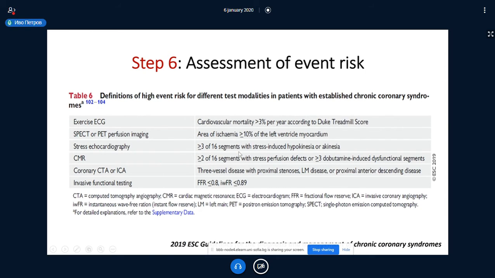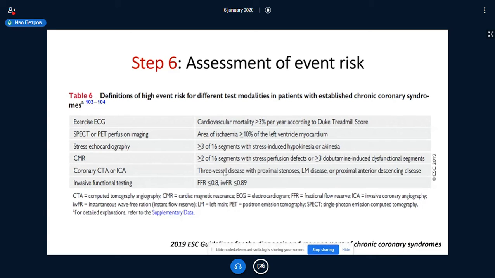In the same way, in case of stress echocardiography, we have more than 3 of 16 segments. So in order to have a good possibility for calculations, the myocardial mass is divided into 16 segments.